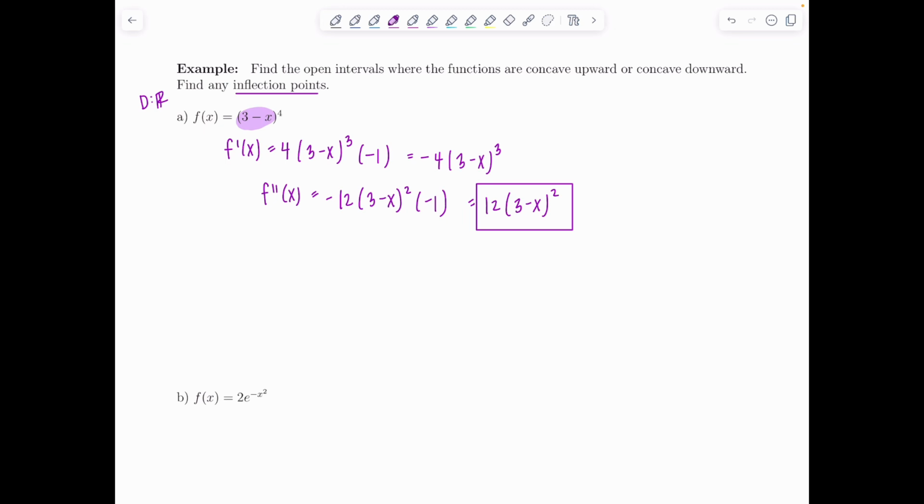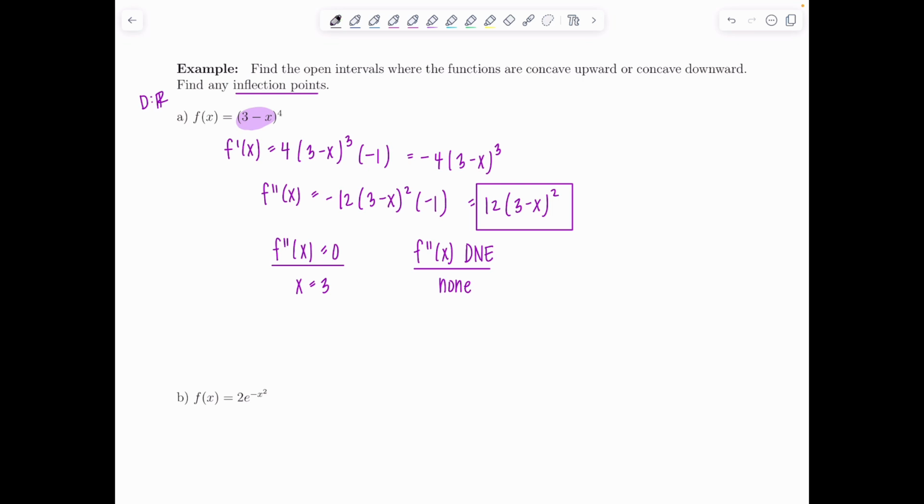So much like when we were finding critical values, I want to know where f double prime of x is equal to 0 and where f double prime of x does not exist. Where does it equal 0? Well, ignore this 12. This will be 0 if x is 3. Doesn't exist, that doesn't happen because this is a polynomial.